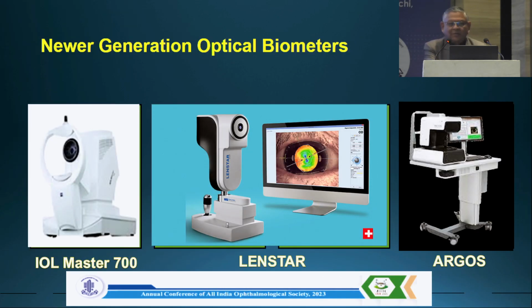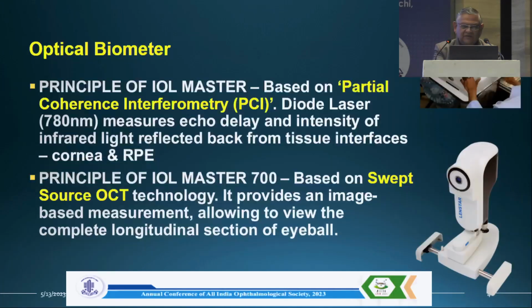We now have newer generation optical biometers, not only at the personal level but at very common centers. We must take full advantage of these, like IOL Master 700, Lenstar, and the Argus. They are based on different principles. Until a little while ago, the IOL Master 500 used to be the premium one, along with the Lenstar.